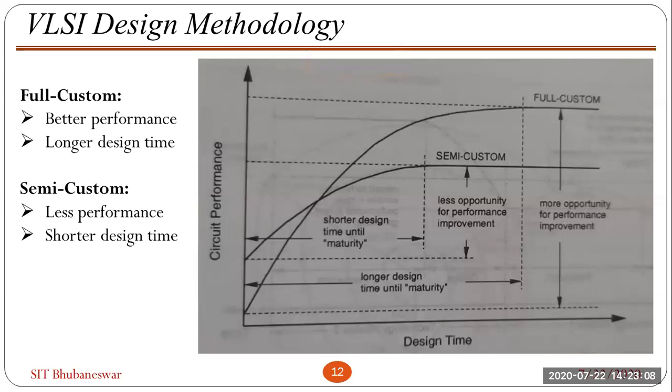In full custom, though it takes too much time and we do everything manually, we do it until we get better performance. In digital, we complete everything in a stipulated time, so we have to lose some performance, but definitely we can get better performance if we give time.